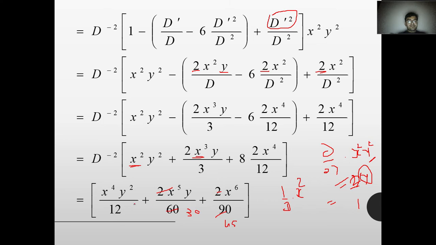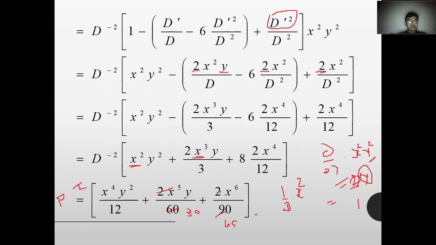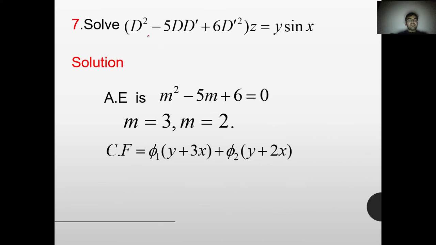The complete solution is equal to CF plus PI. Next, D square minus 5D dash plus 6D dash square into z is equal to y into sin x.